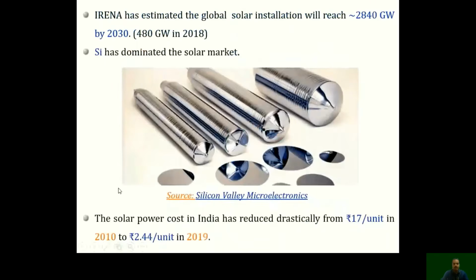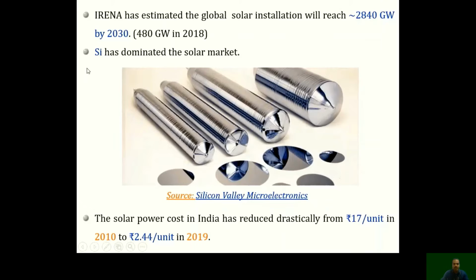In fact, the International Renewable Energy Agency has estimated that global solar installation will reach around 2.9 terawatt by 2030. In 2018, this number was 480 gigawatt.